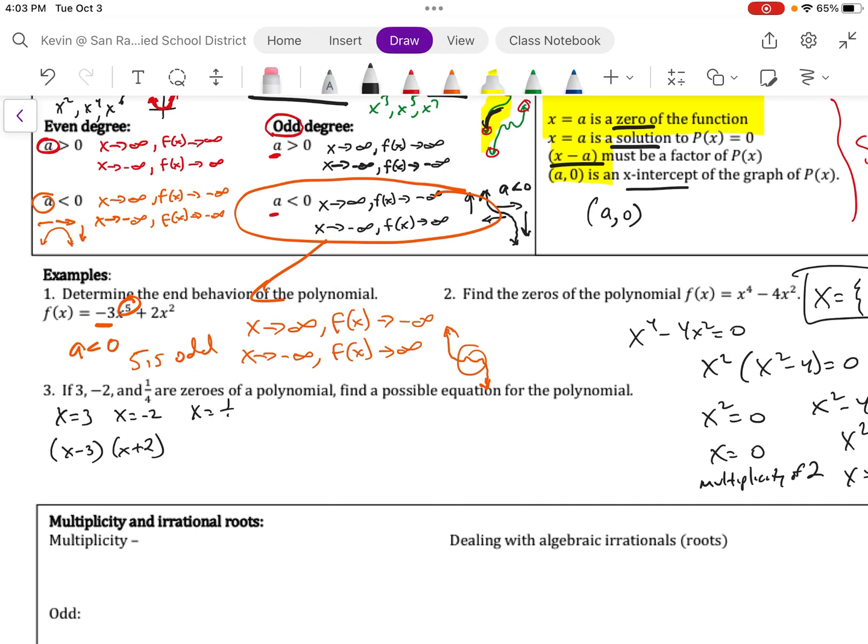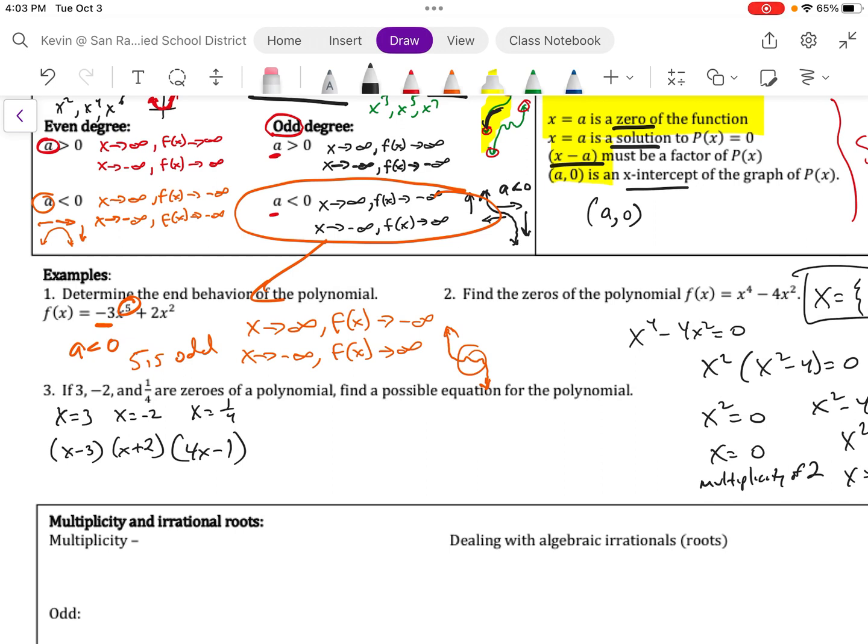And then x equals 1/4. You could do x minus 1/4, but I don't like dealing with fractions. Instead, I can rewrite this as 4x minus 1, because if we set that equal to 0, that would be 4x equals 1, x equals 1/4. So we're just deconstructing that. Those are my 3 factors created by those 3 zeros.